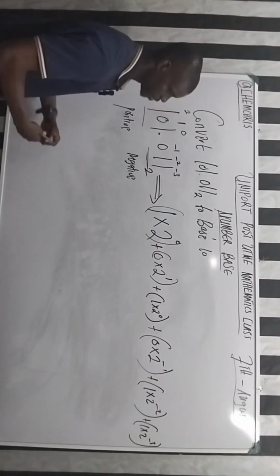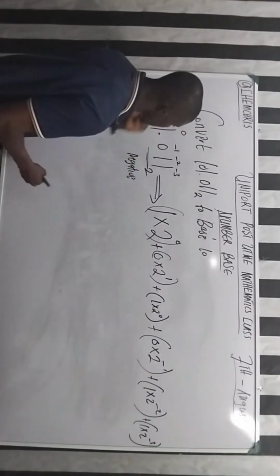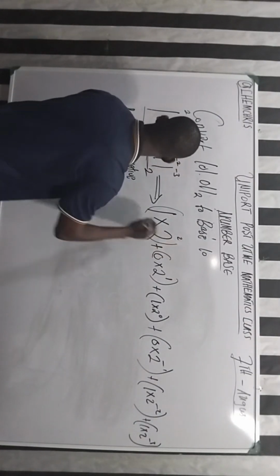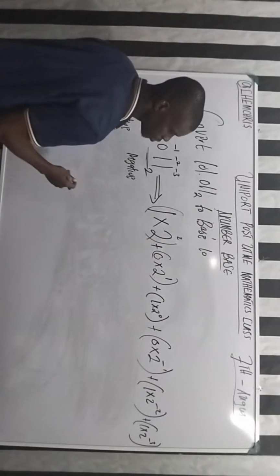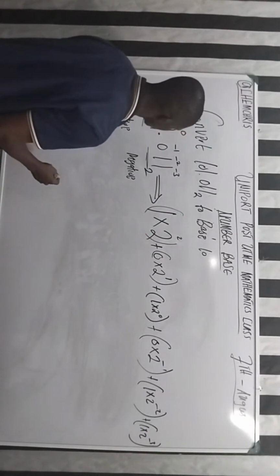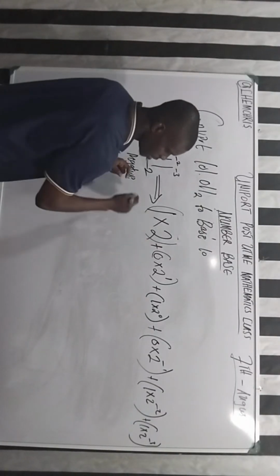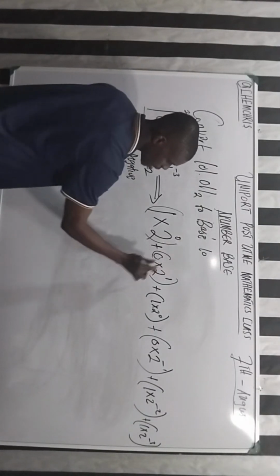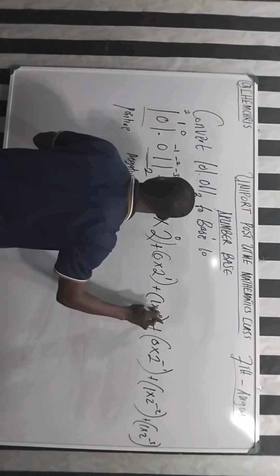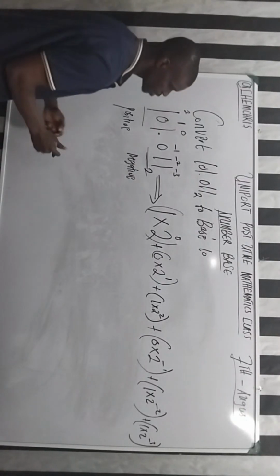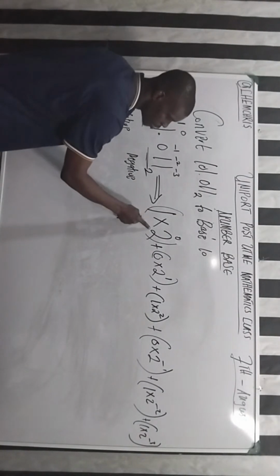This is that. So now remember, here is 0, here is 1, and here is 2. Sorry.